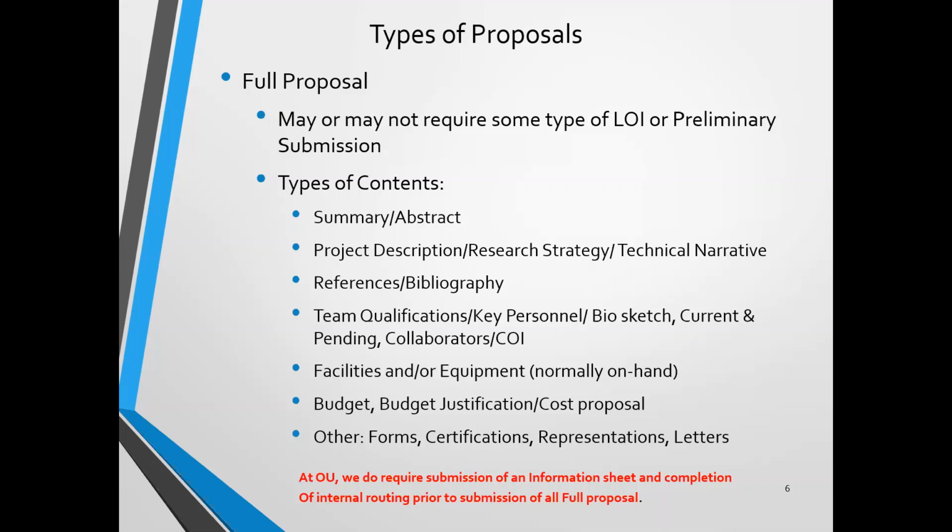And this is usually addressing what you have on hand that's going to support the work that you're proposing. They'll usually require some type of budget justification or narrative, or they may also call it a cost proposal. Many times they'll also require other forms like 424 forms or certifications and representations, and they may ask for various letters of support or institutional commitment.